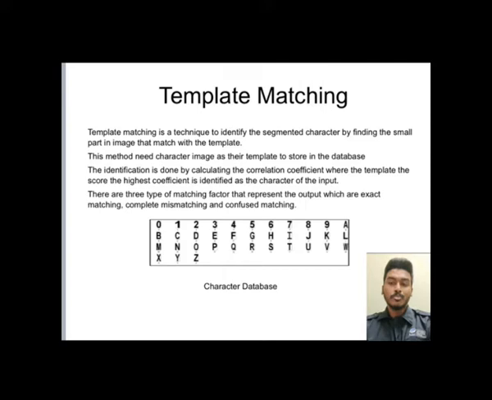There are three types of matching factor that represent the output: exact matching, complete mismatching, and confused mismatching. The database will be created in the coding of the system. However, due to some similarities in the characters, there might be some errors during the recognition.